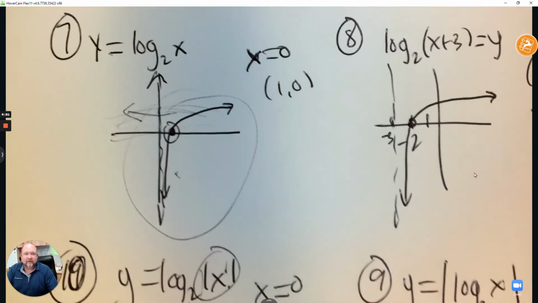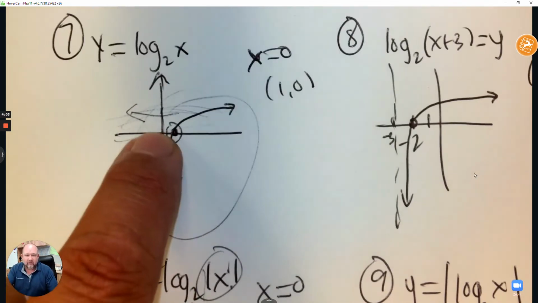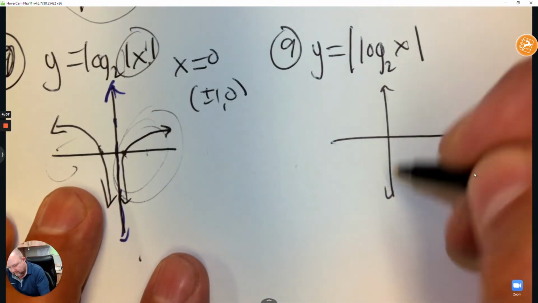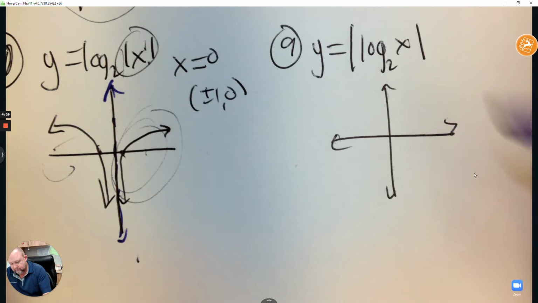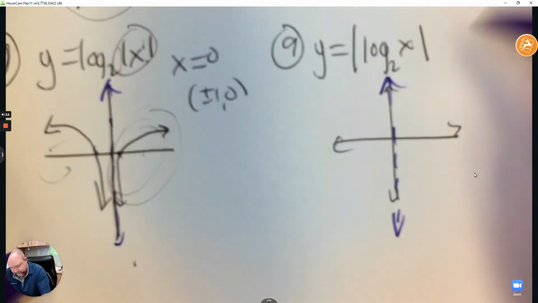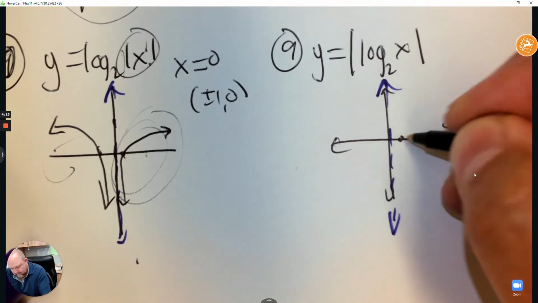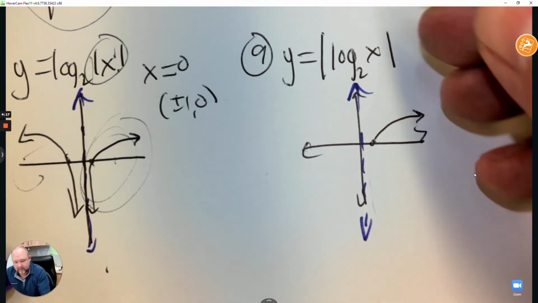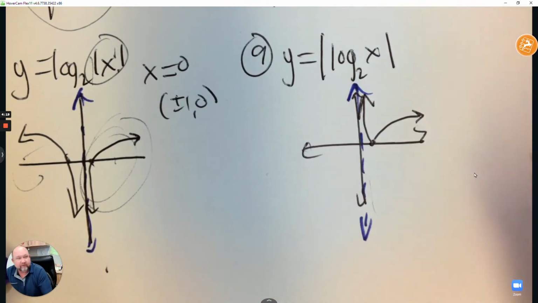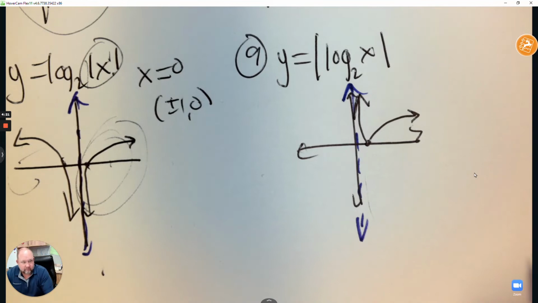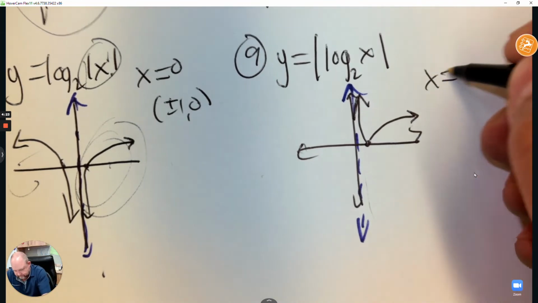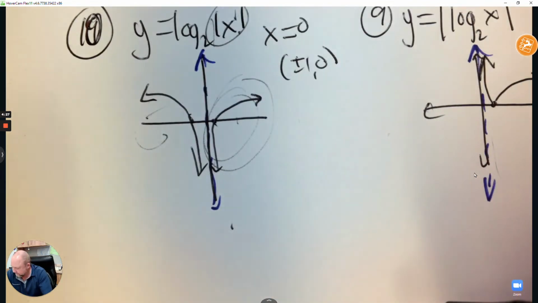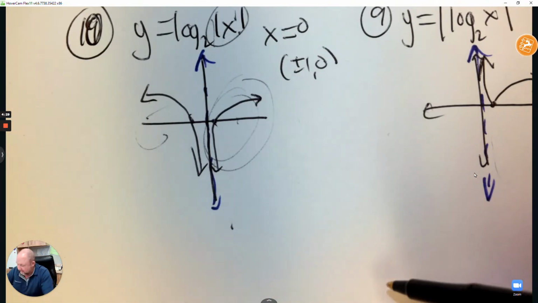So if I take the same graph here, what's negative just gets reflected up and becomes positive. So that part's the same, but this part that would come up is now reflected up and does this. So there's number 9. And then I did number 10 here. Number 11.